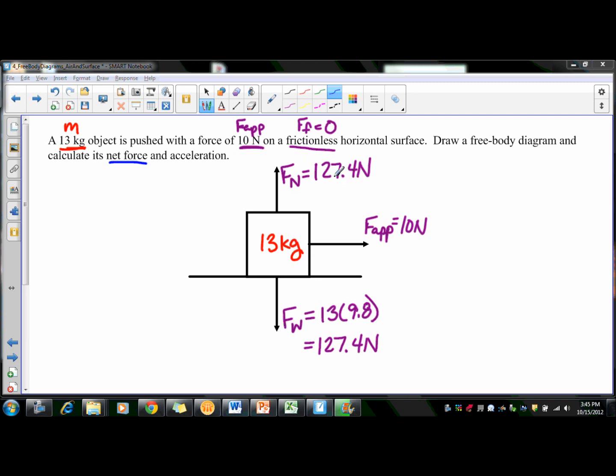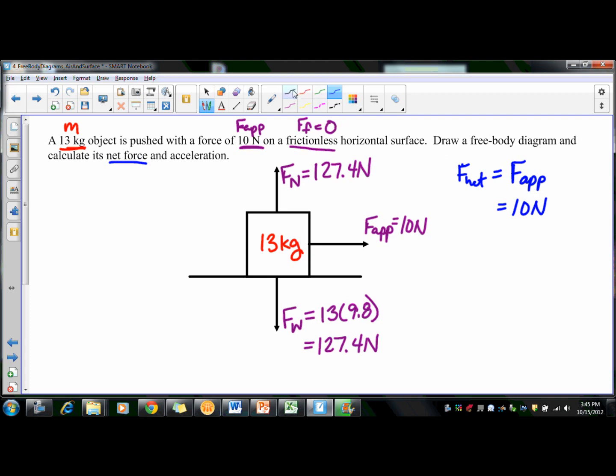So the 127.4 minus 127.4 is 0. So now we're just looking left and right. And so if we look left and right, the only force we have is the applied force. So our net force here is equal to the applied force, which is 10 newtons.